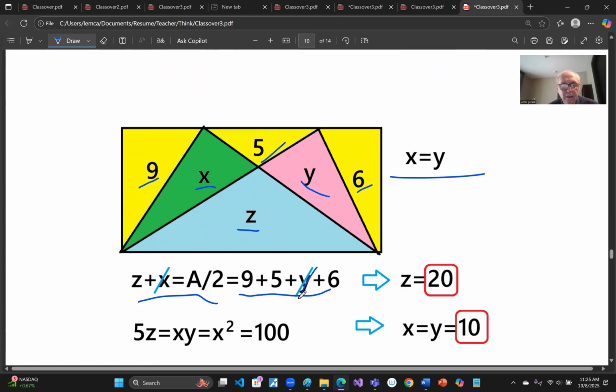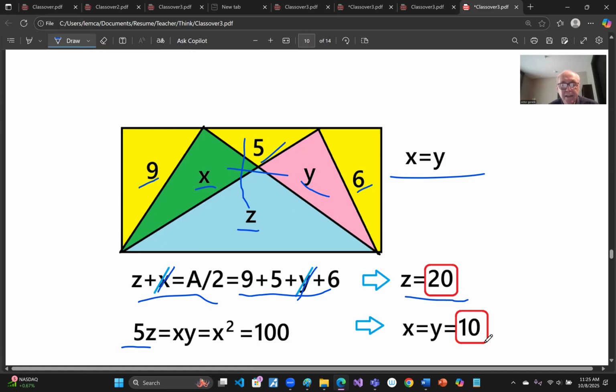We cancel Y and X because they are equal, and we have that Z is equal to 9 plus 5 plus 6, or 20. And now we use the crossover rule, this one, that 5z is equal to xy, or to x squared.